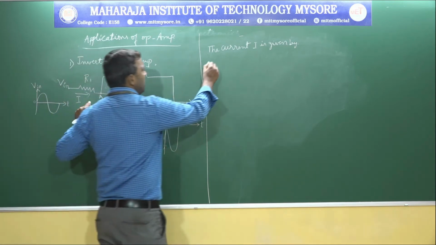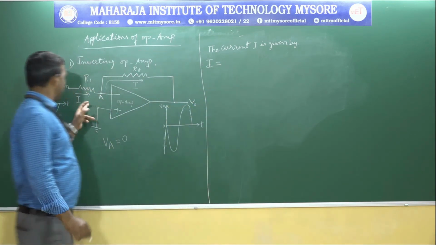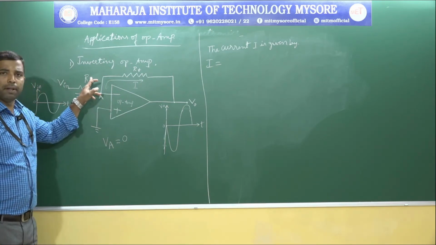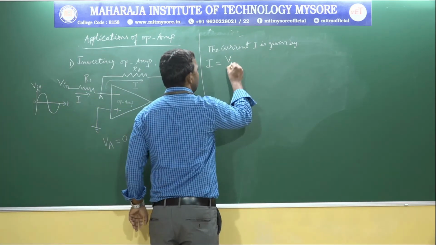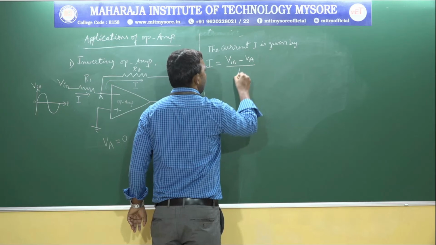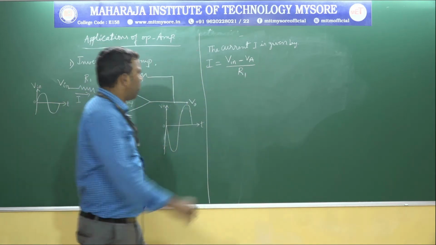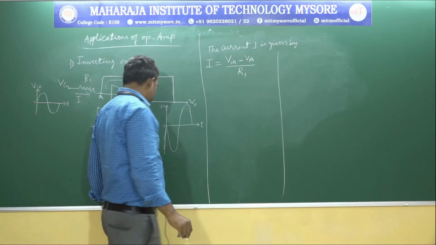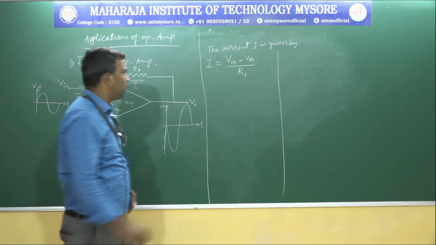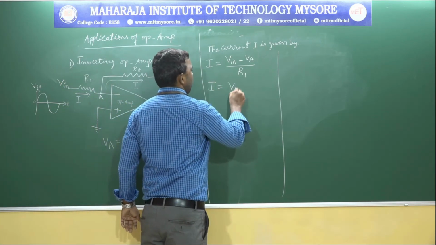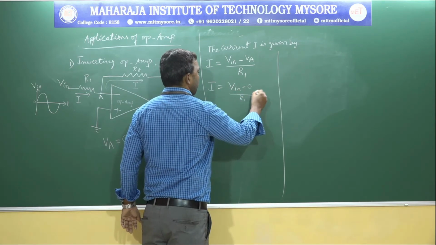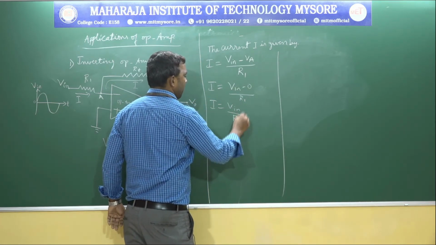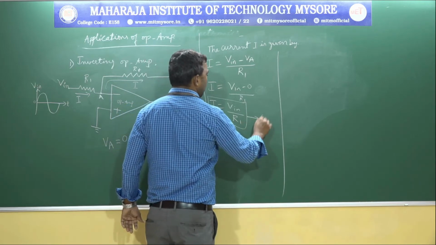That is, I is equal to Vin minus VA divided by R1. Therefore, what is the value of VA? VA is 0. Substituting VA as 0, the current I is equal to Vin minus 0 divided by R1. That is, I is equal to Vin by R1. I will call this expression number 1.